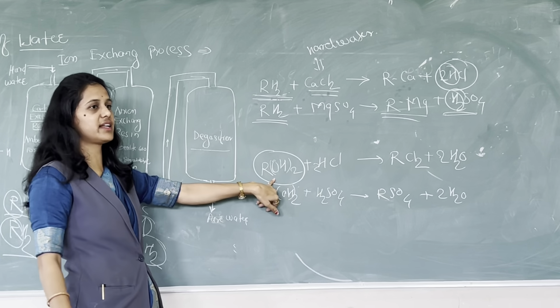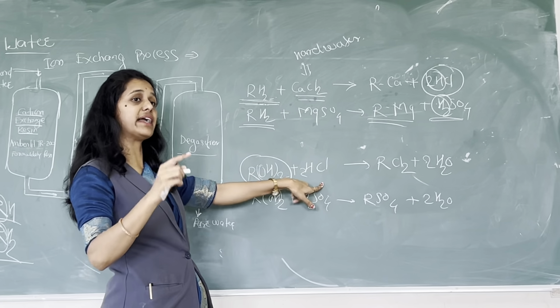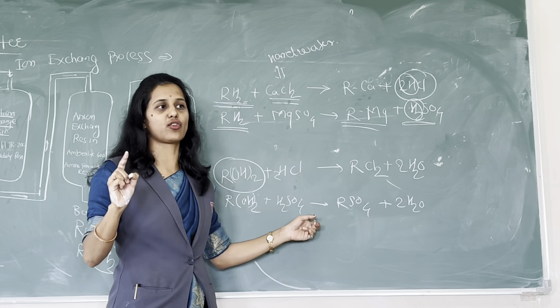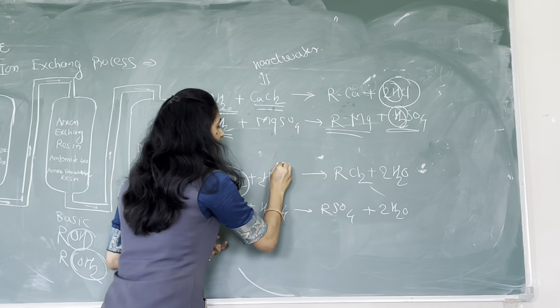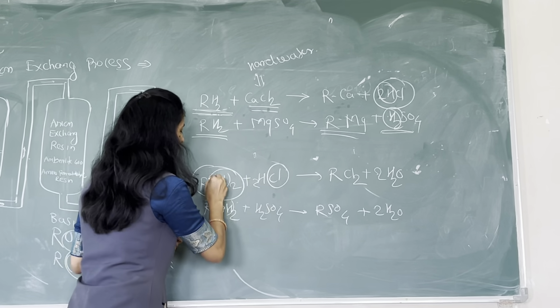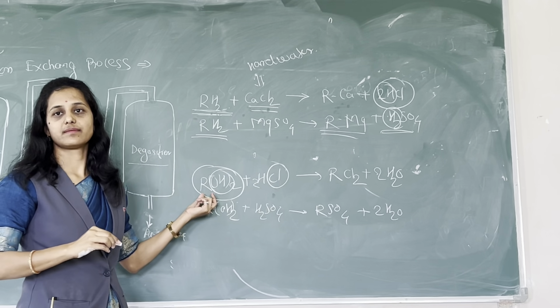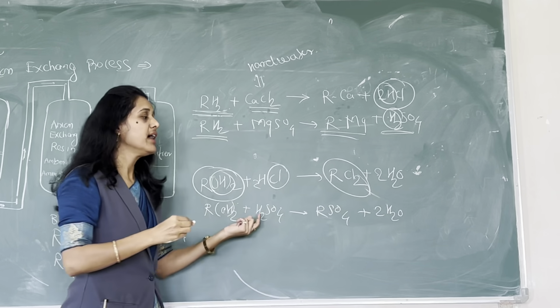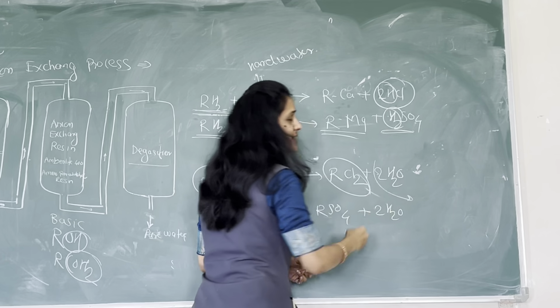The anion exchanger resin combines with the acidic water, meaning HCl or H2SO4, and here the anion gets replaced with OH, and H2O is removed.